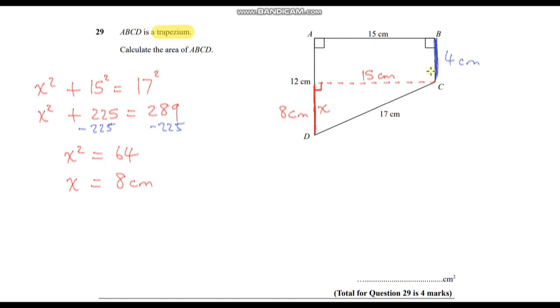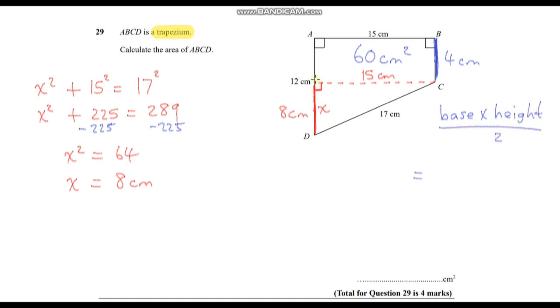Now we have all of the dimensions, we can calculate the areas. So this area here is going to be 15 times 4, which is 60 centimeters squared. And now the area of the triangle, we do the base times the height and then divide by 2.